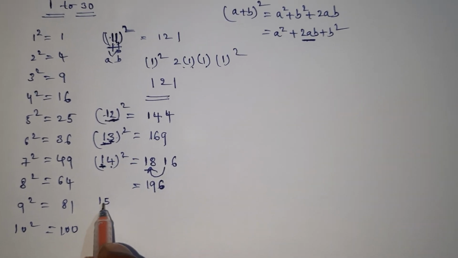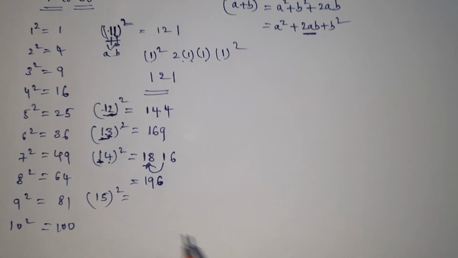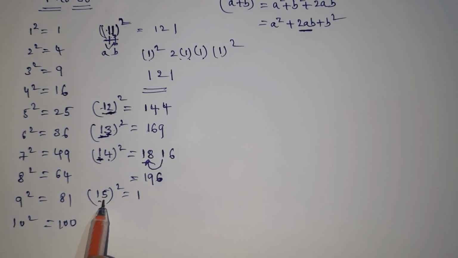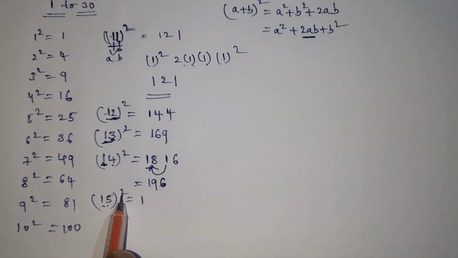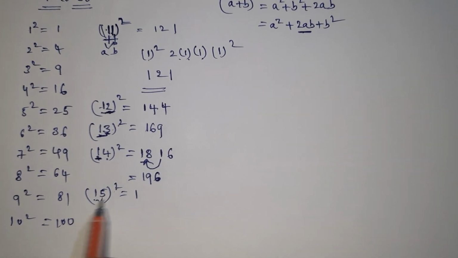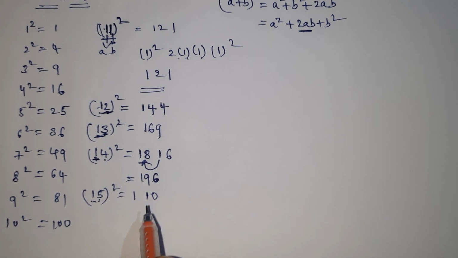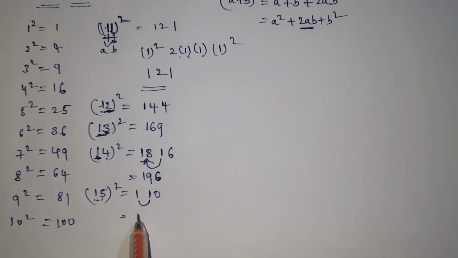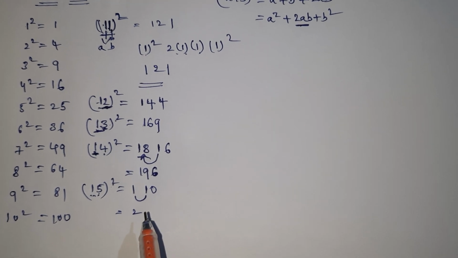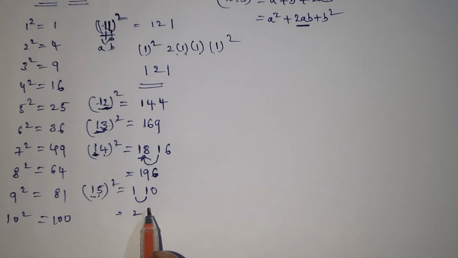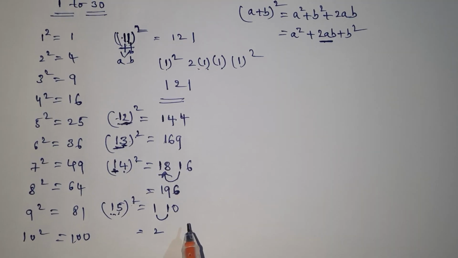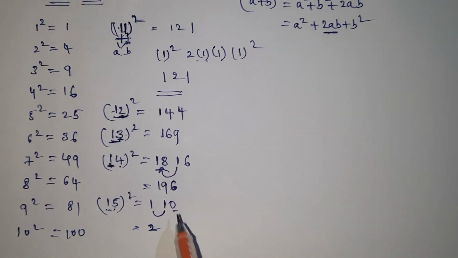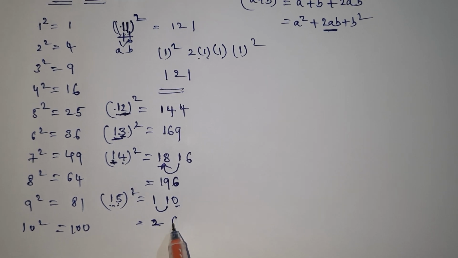And 15 square. 1 square means 1, and 2ab, 2 into 5 into 1, so 10. Keep 0, and the 1 is carry, 1 plus 1 is 2. Next 0, keep 0 like this.